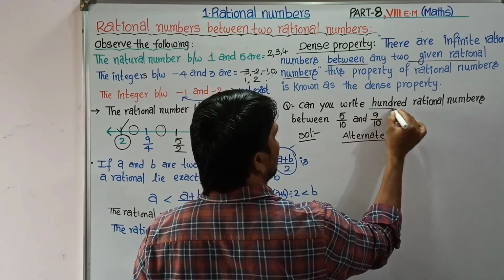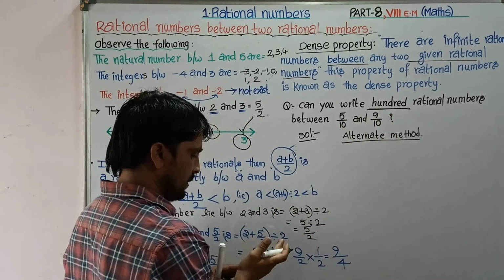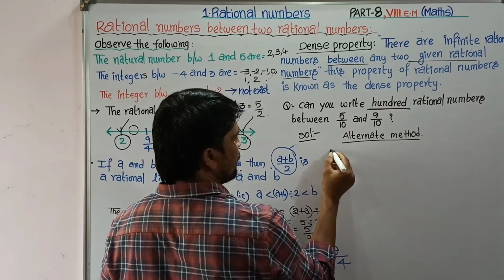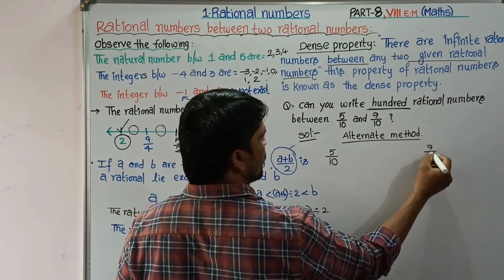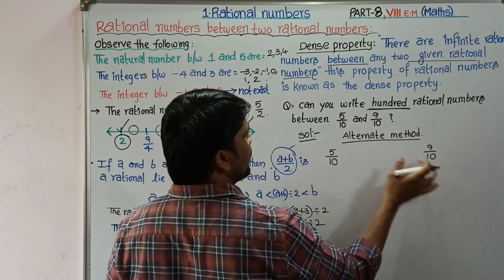We have to insert 100 rational numbers between 5 by 10 and 9 by 10. So make it 50 by 100 and 90 by 100, which are equal to 5 by 10 and 9 by 10.